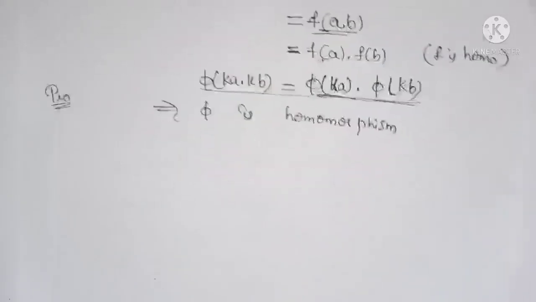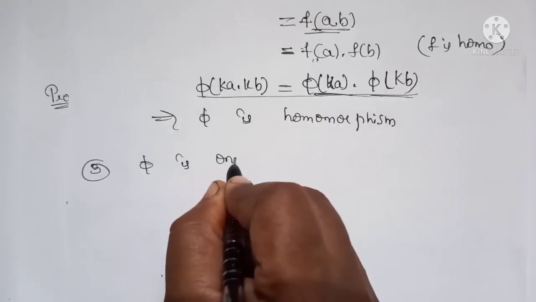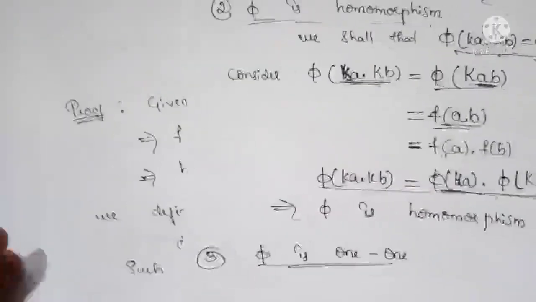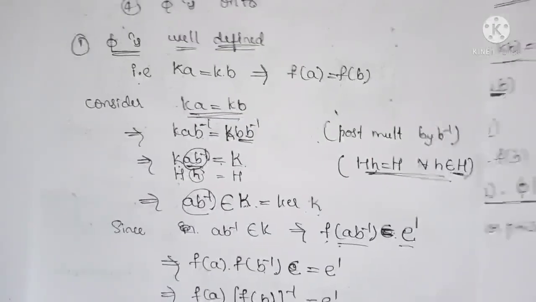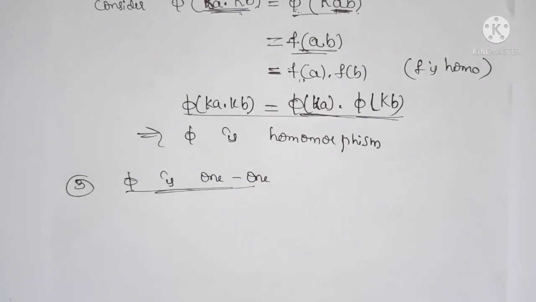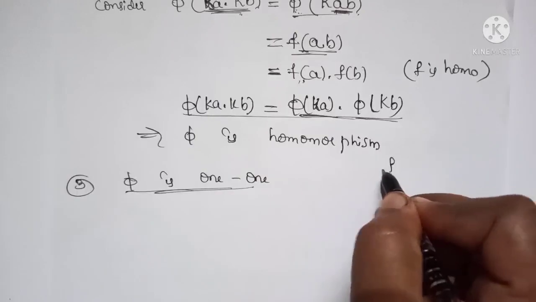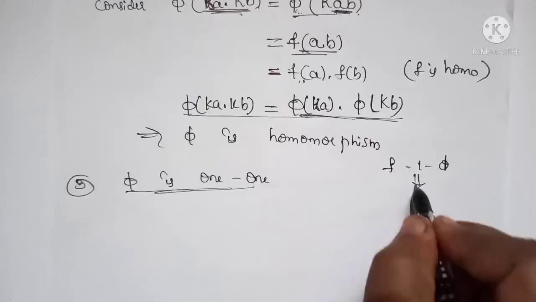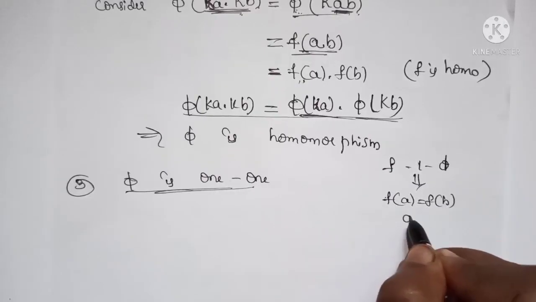Next we show that phi is 1-1. This is almost the reverse process of the previous one. We have shown that phi is well defined. We start with f of a and we have to show that Ka equals Kb. In general, to show that a function f is 1-1, we show that f of a equals f of b implies that a equals b.